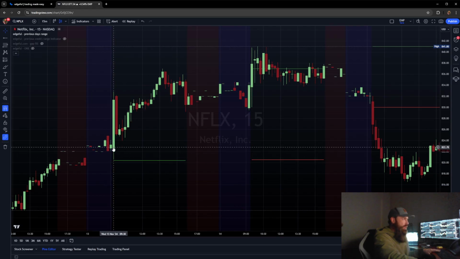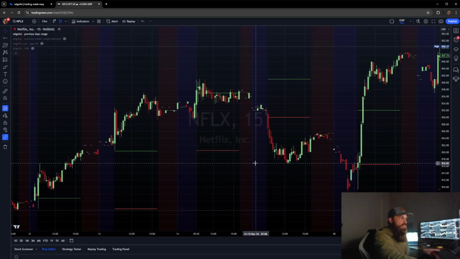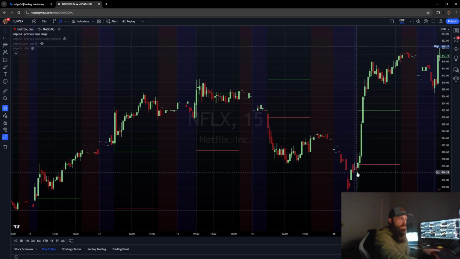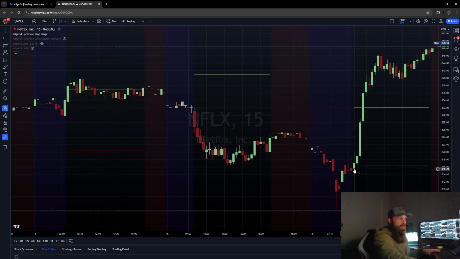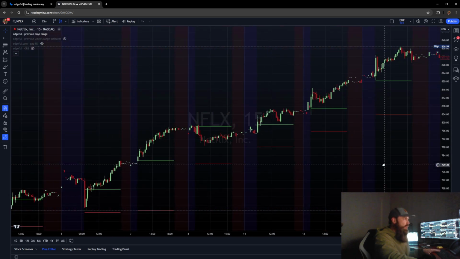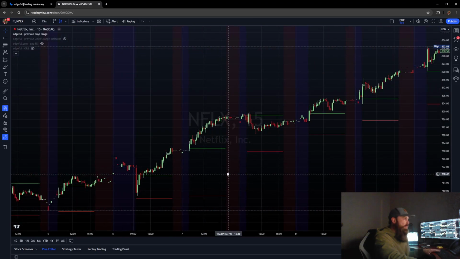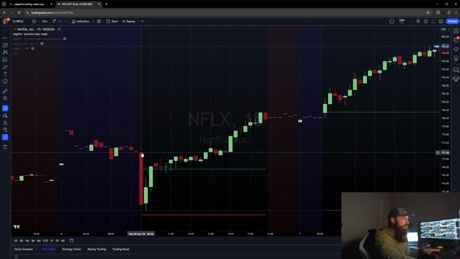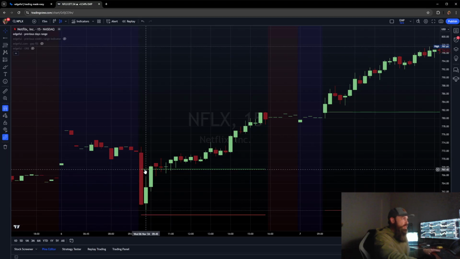So this one would be one of the few times that it doesn't. All right, so this was a bearish outside day, but that immediately happened. See if we can find a good one that comes back and touches. There's one. Opens up here, and we come right back into this previous day high.